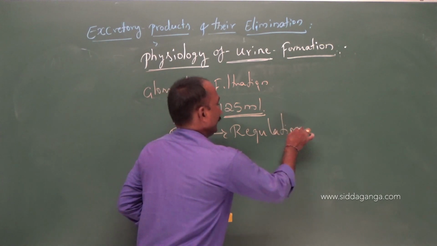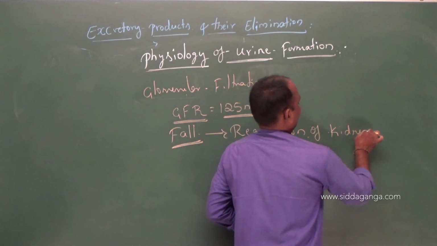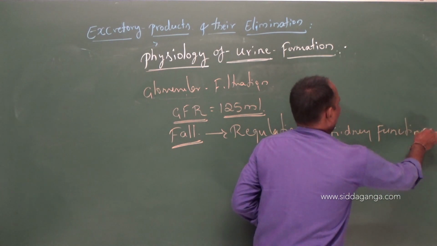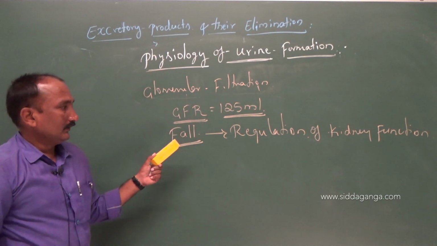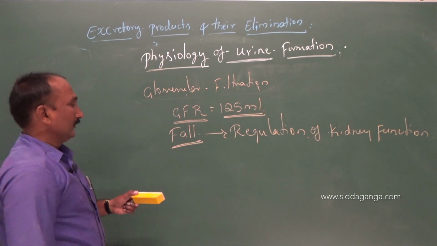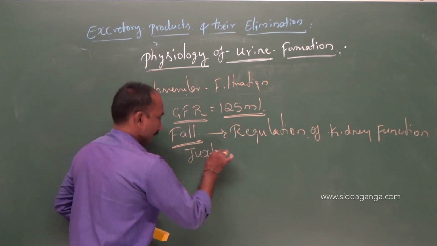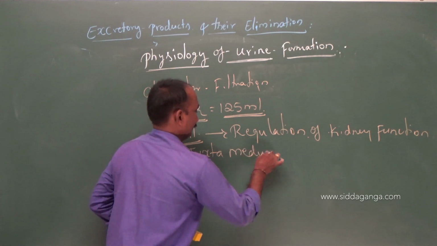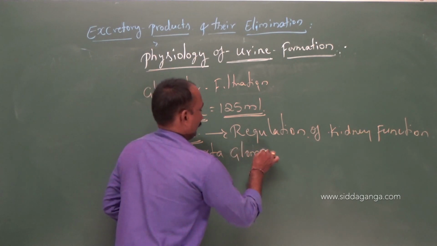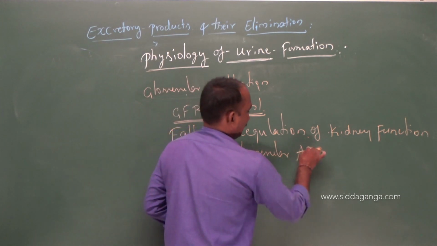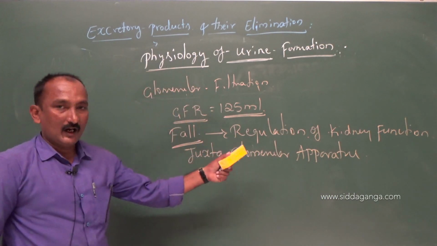For the regulation of kidney function, whenever GFR falls, one of the special mechanisms involved is called the juxtaglomerular apparatus.